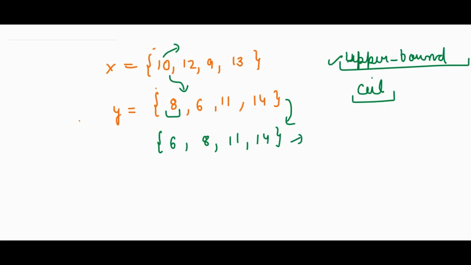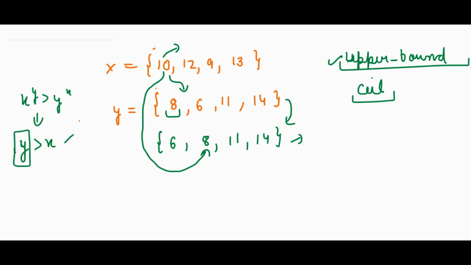Yes, we can. For every value in x, we will find an upper bound in the y array. And how will it help us? As we have said before, to satisfy this condition we need y greater than x. So to find all the y's which are greater than x, we find the upper bound of every value in x in y.